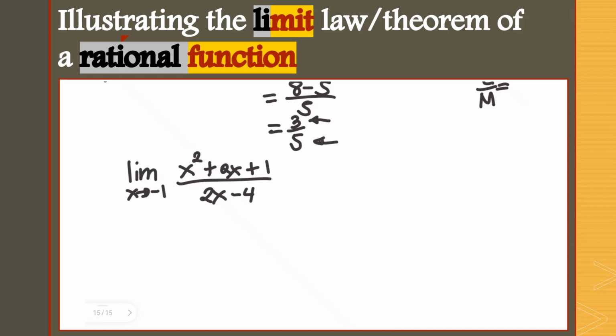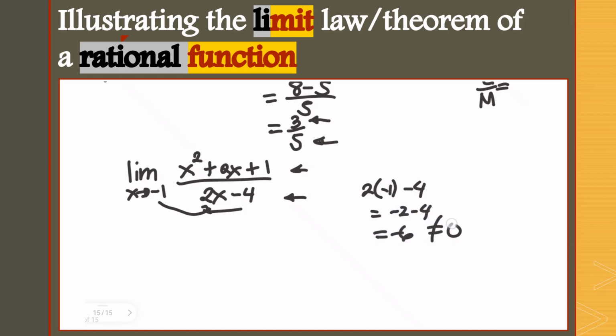Our denominator is a linear function. We already have the limit theorems for polynomial function and linear function respectively. But this limit theorem allows us to automatically substitute if the denominator is not equal to 0. Let's try. 2 times negative 1 minus 4, that's negative 2 minus 4, negative 6. So this is not equal to 0. So we can just proceed with the direct substitution.